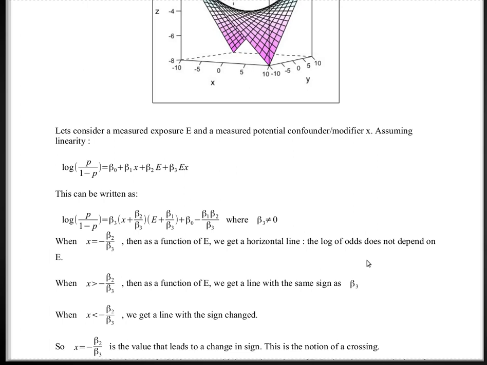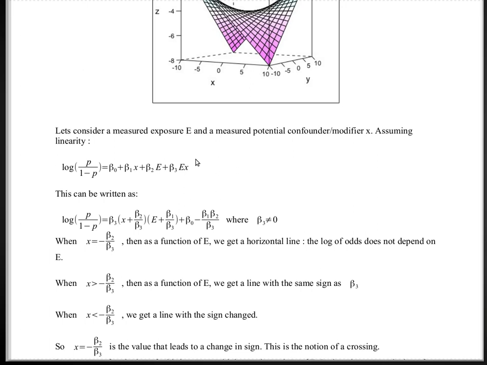Let's take a simple example. For example, a circumstance in which we have the log of the odds of disease, we have one potential confounder modifier that's measured, and we have an exposure that's measured. And we might think, if we're prepared to assume linearity, perhaps we would want to start with this particular model. So you would think, okay, there's 4 regression coefficients.